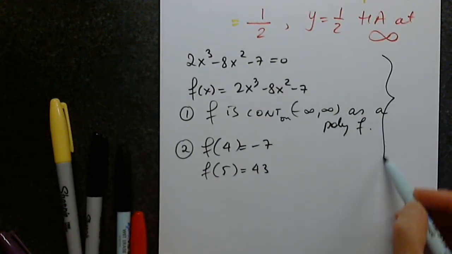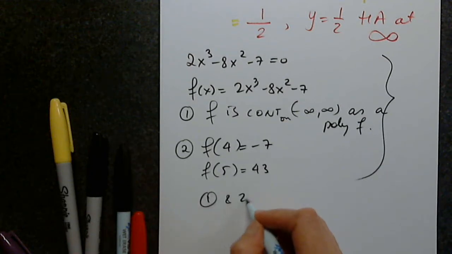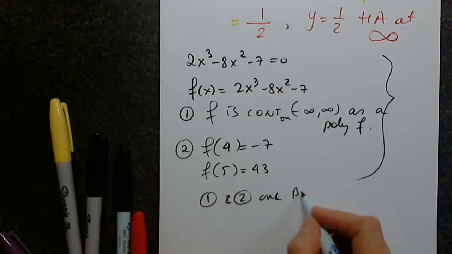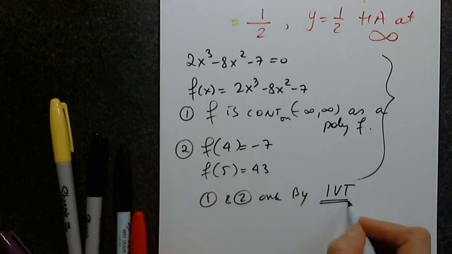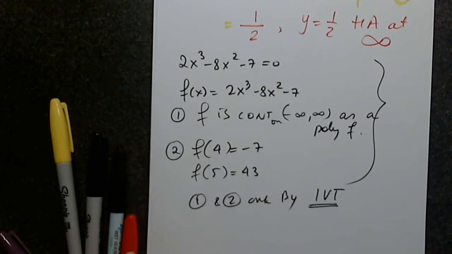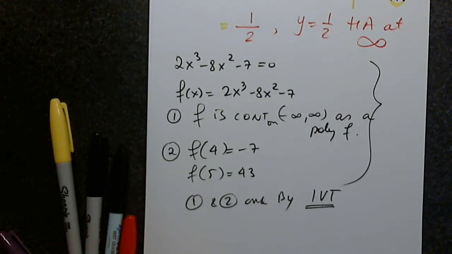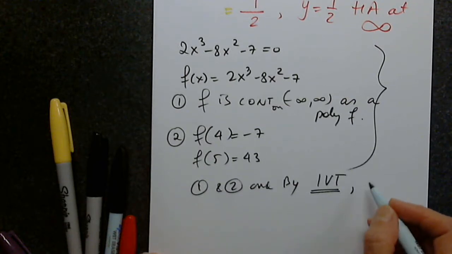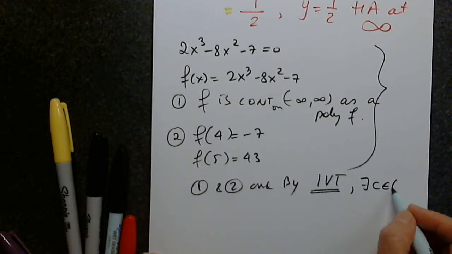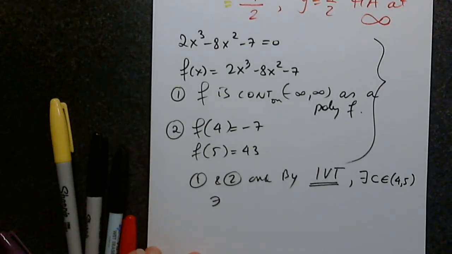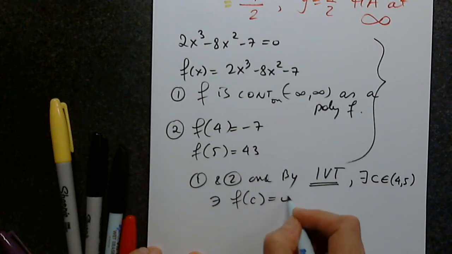So from 1 and 2, and by the IVT, which is not applicable if the function is not continuous, we conclude that there exists a c in the interval 4, 5 such that what? The function of c. Very good.